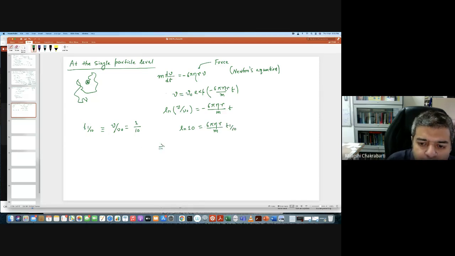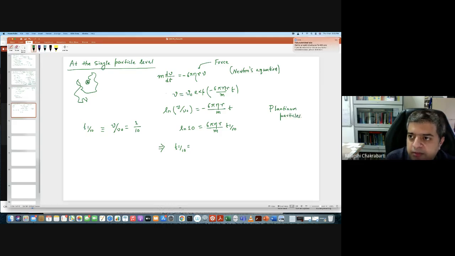And if you do the calculation, I'll tell you the value of t 1/10. So take some platinum particles. These are real values I'm giving you. You have tiny platinum particles immersed in water, about 10 to the minus 6 centimeter in size.